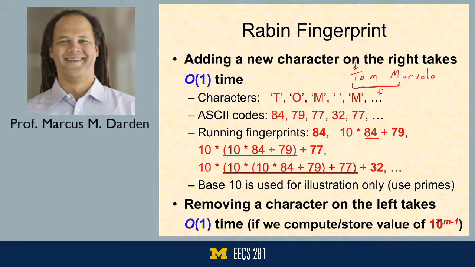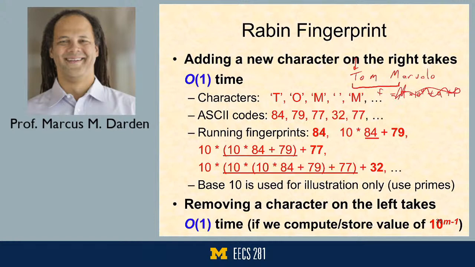So I can take F and remove T times 10 to the 4th and add A. If I add A and multiply everybody in F by 10, I get my formula written out.